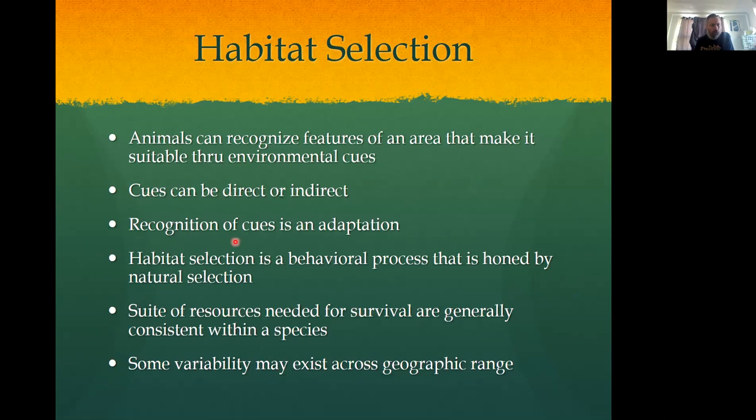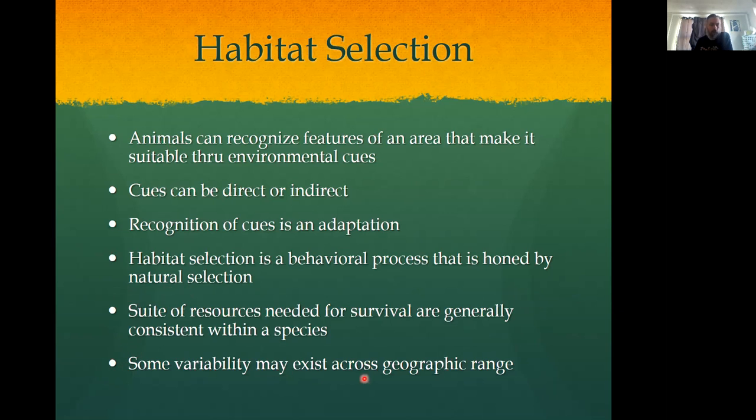The ability to recognize cues, to understand that this area is habitat or this area is not, is something that is evolutionarily driven. So there is some heritability to that. And part of the reason that can be so is that when we talk about a species, every individual in it generally needs the same thing.